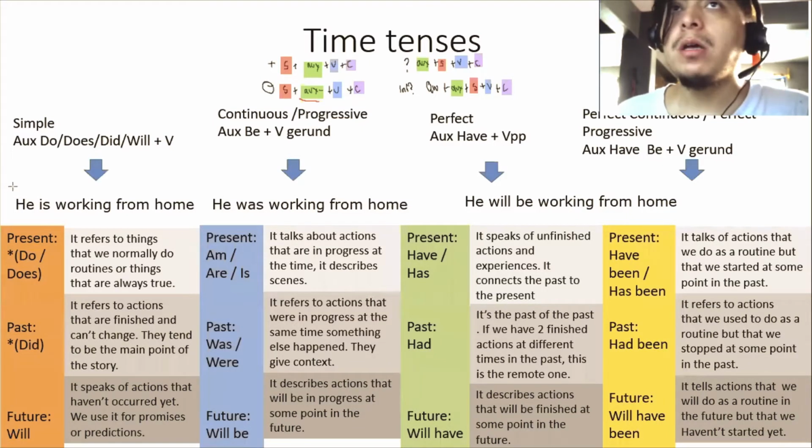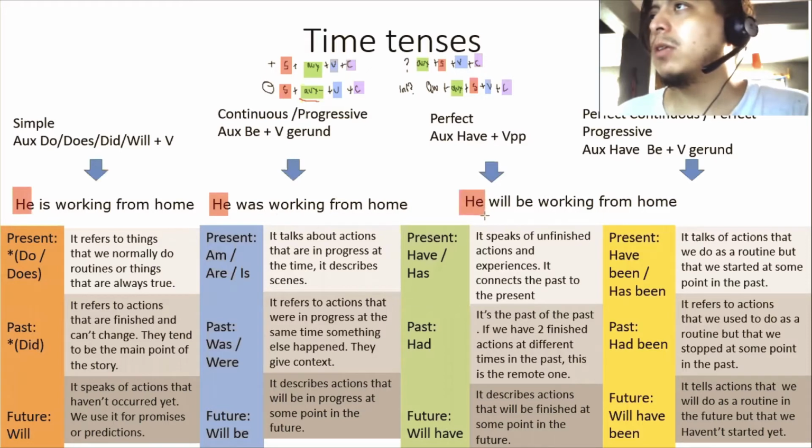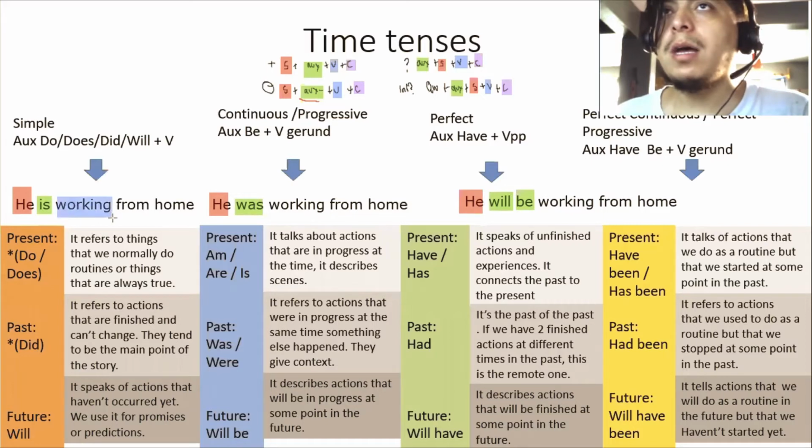So you have subject, subject, subject, yes? You have auxiliary, the verb to be in the present, auxiliary, the verb to be in the past, auxiliary, the verb to be in the future. In reality, you have two parts, will and be. This is the verb to be in the future. The verb with continuous forms is always with gerund. It is always ing.